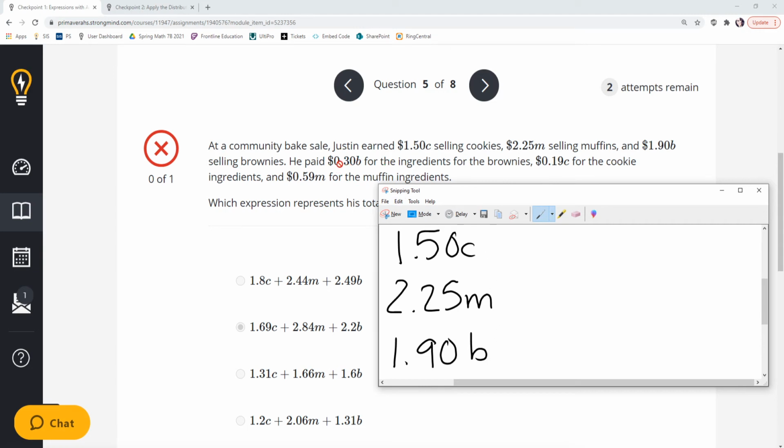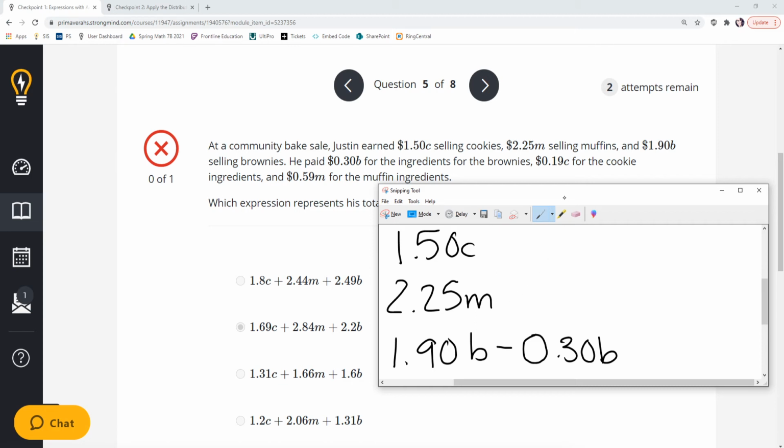The first one they gave us was this 0.30b. I am going to write that next to this over here because they have the same variables. And I'm going to put a minus sign in the middle because that is how much money he had to spend. So since he's spending, again, that's negative.